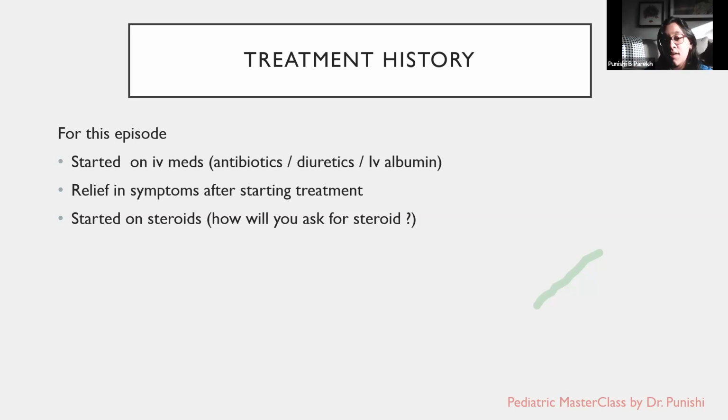To make it simpler, how are steroids usually given, or how are they prescribed when we start them for nephrotic syndrome? Does anybody have any idea? You can try answering.